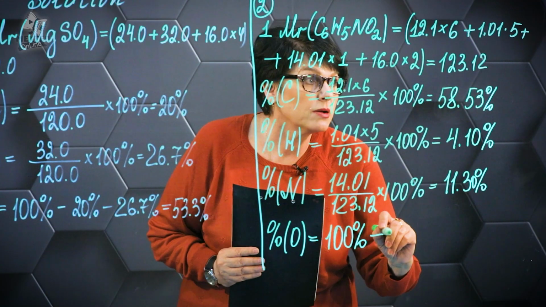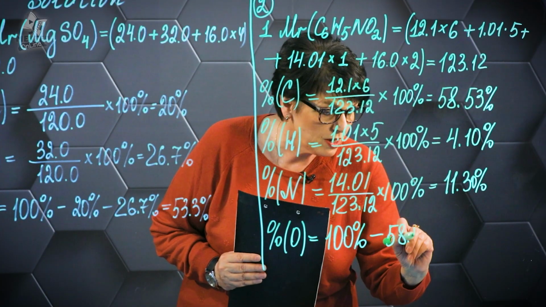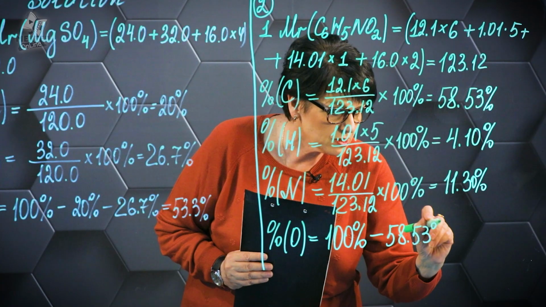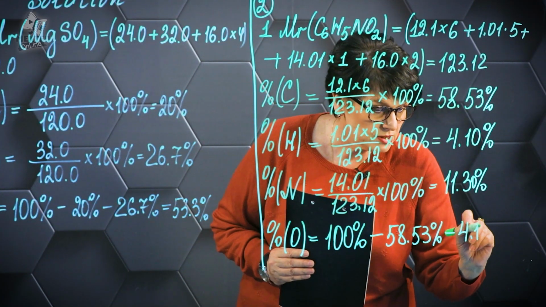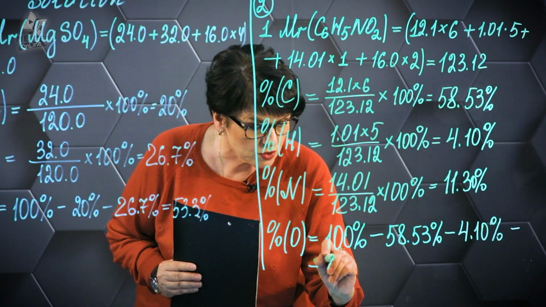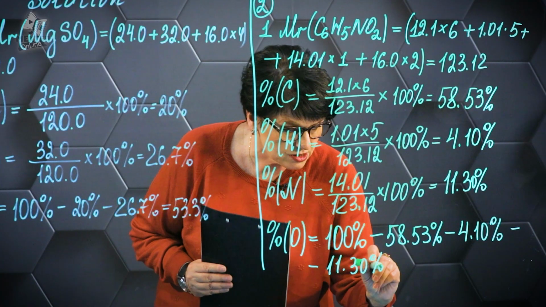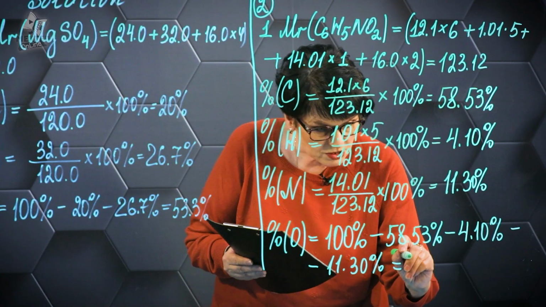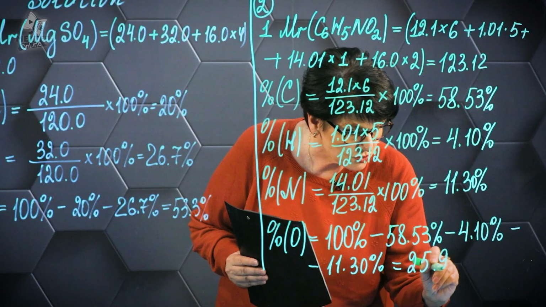We subtract our carbon, 58.53%, subtract hydrogen 4.10%, subtract nitrogen 11.38%, and then oxygen accounts for 25.99%.